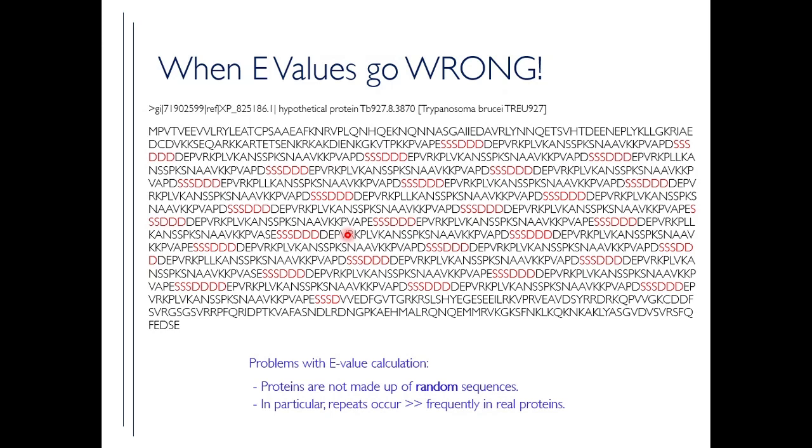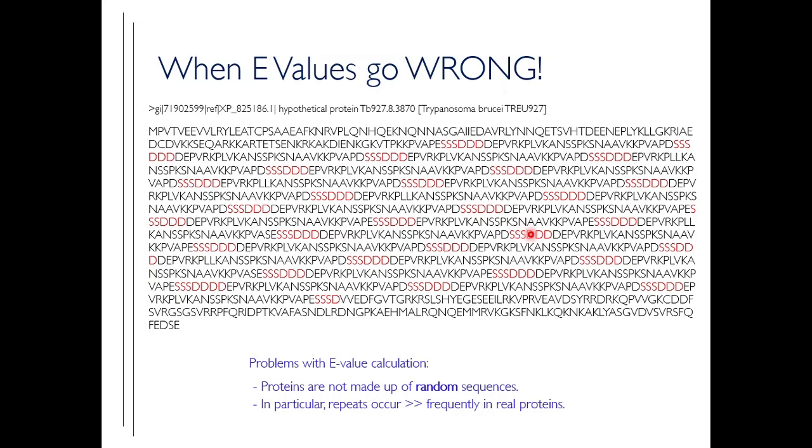The database searching and the e-value hits all depend on the assumption that your database is made up of random sequences. But proteins are not made up of random sequences, as you can see here. These particular motifs, these sets of amino acids, are repeated many, many times throughout the sequence.